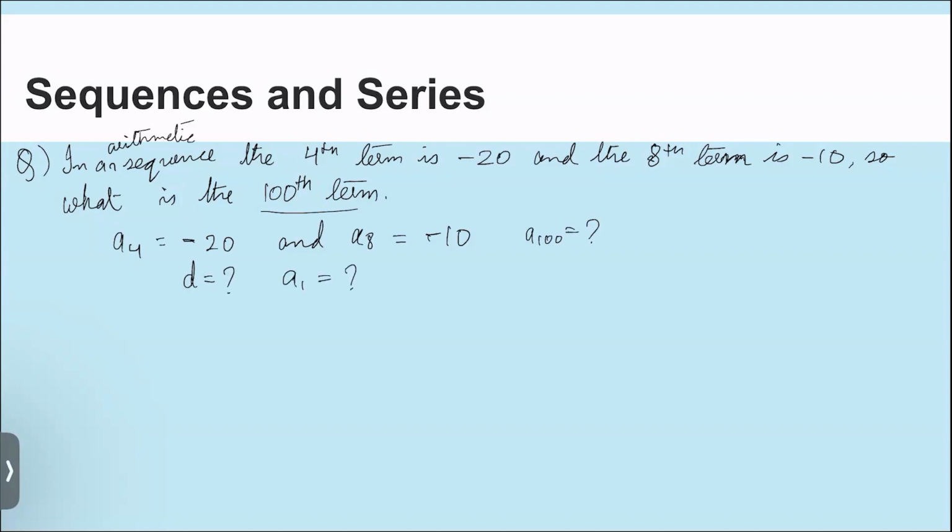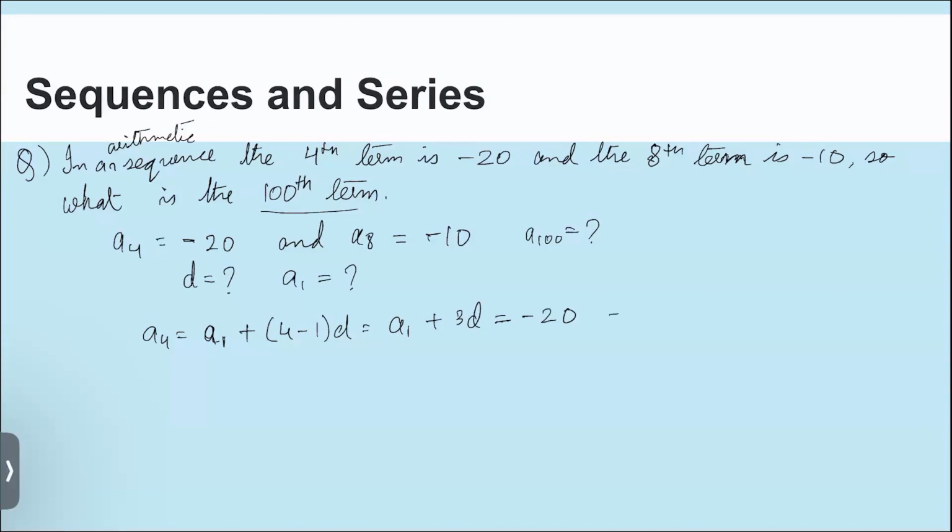Okay, so to get your D and A1, first we will write our A4 in the general term formula. So you have A1 plus (N minus 1)D. Okay, so your N is 4, so 4 minus 1 is 3. So this becomes A1 plus 3D, and we already know that A4 is minus 20.